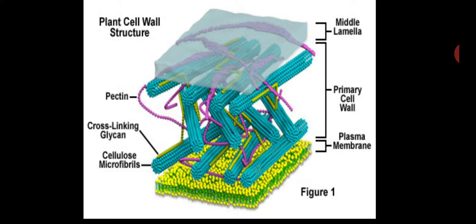So these are the chemical substances of the secondary cell wall. Whenever the secondary cell wall forms, it is usually very thick and very strong. So that's why the inner chamber of the cell, the lumen, also reduces.